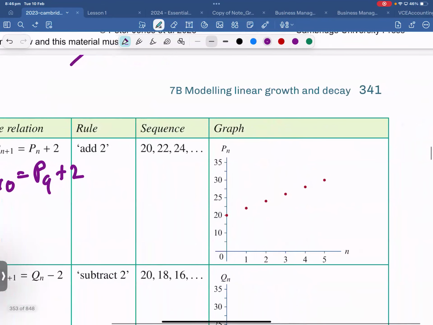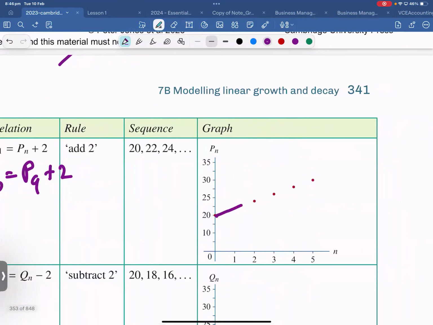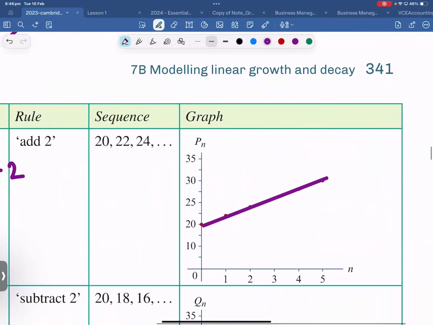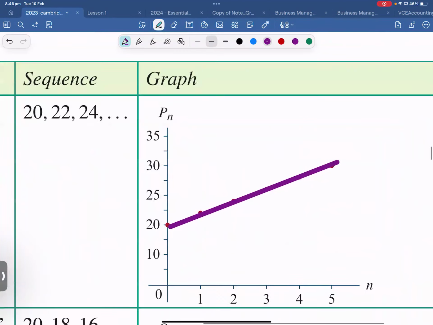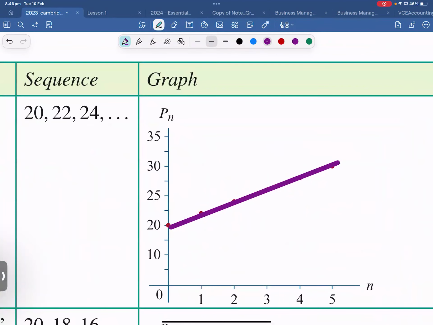Now see, every term is increasing by 2. Then, that is linear growth. Why do we say linear? Because every time it is increasing by 2. If it was non-linear growth, then it would be something like this.